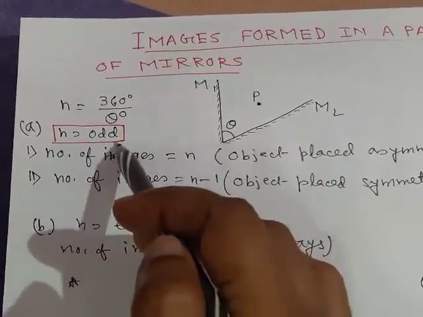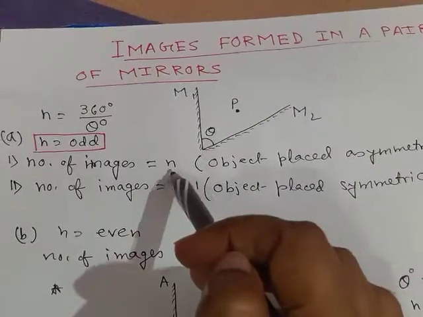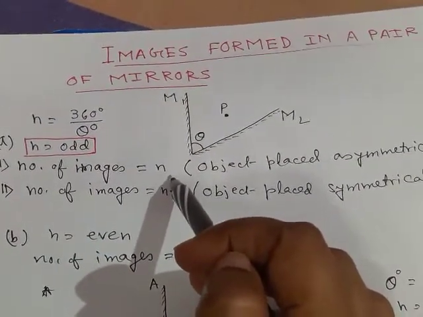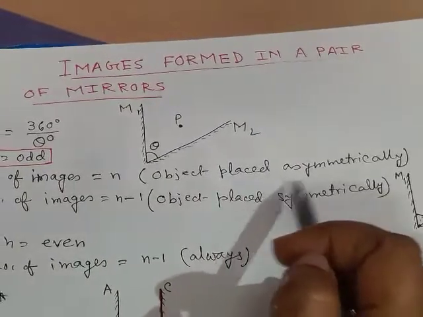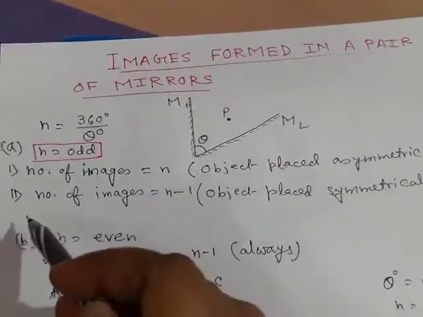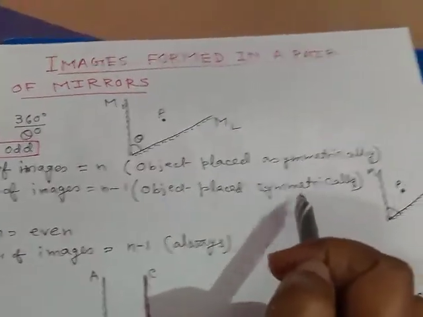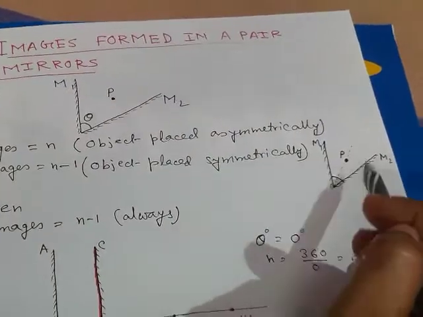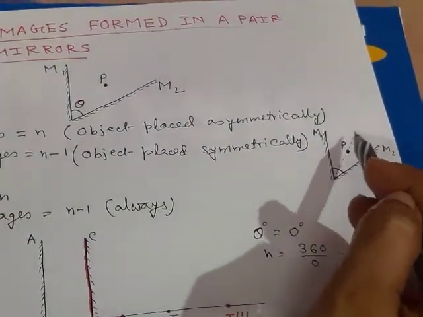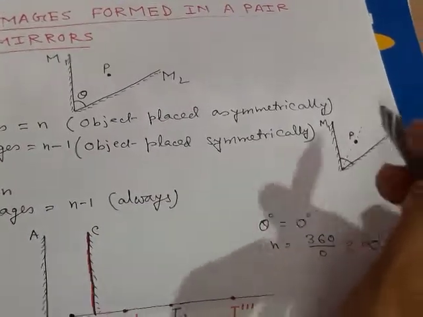Now if n is odd, then the number of images will be equal to the value of n if the object is placed asymmetrically. And if the object is placed symmetrically, it means the object is placed on the line that bisects the angle into two equal halves.